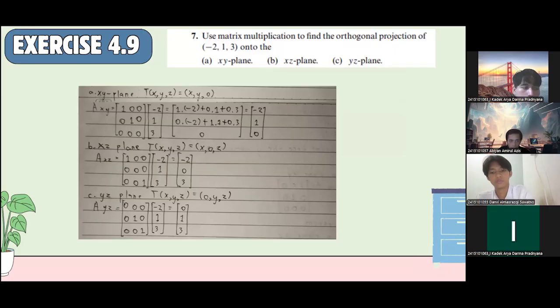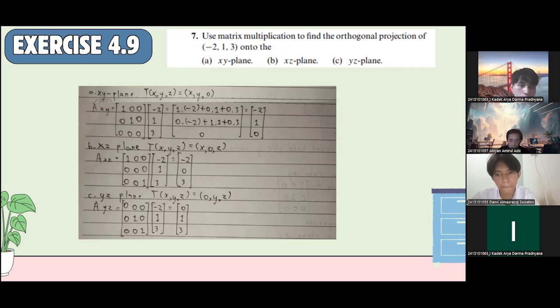Now, in exercise 4.9, question number 7, use matrix multiplication to find the orthogonal projection of (-2, 1, 3) onto the xy plane, then the xz plane, and then the yz plane. As an answer, the xy plane gives (-2, 1, 0), the xz plane gives (-2, 0, 3), and the yz plane gives (0, 1, 3).